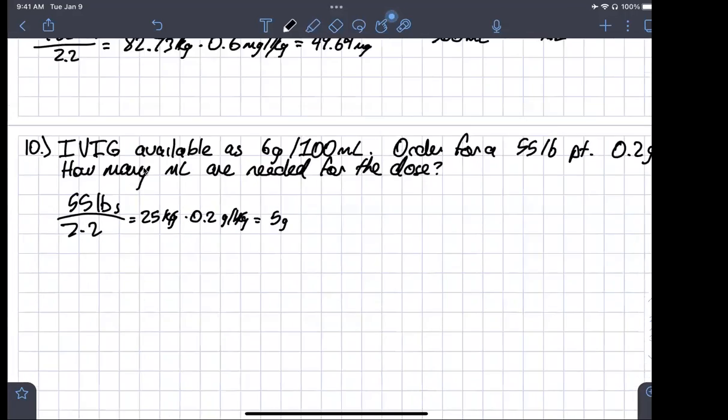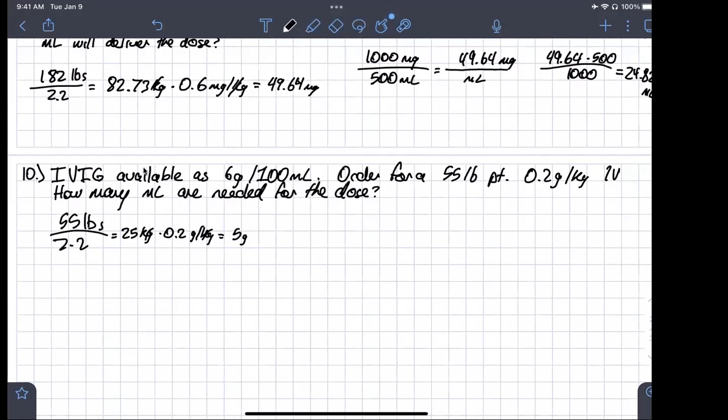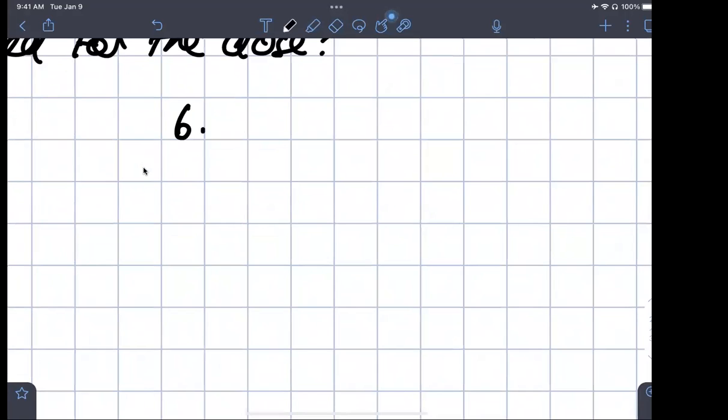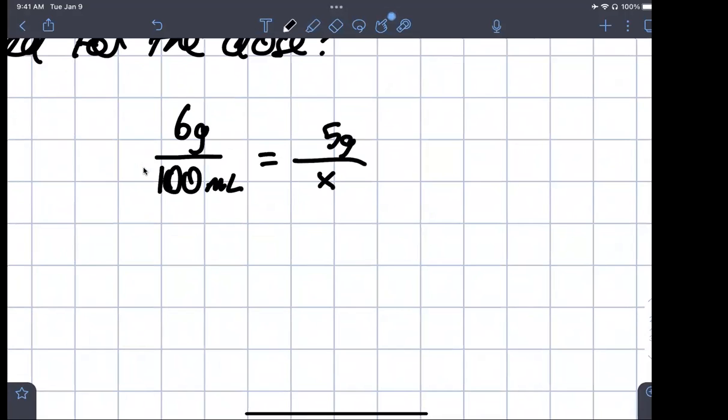Okay, so we have a drug available in 6 grams per 100 mils, and we know he only needs 5 grams. So we will do 5 times 100 divided by 6.